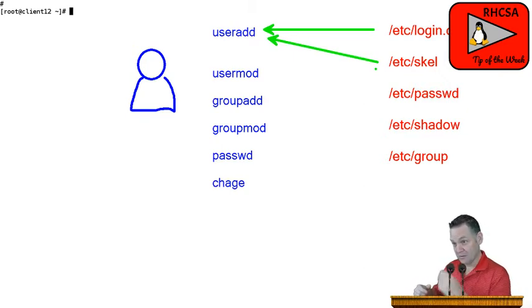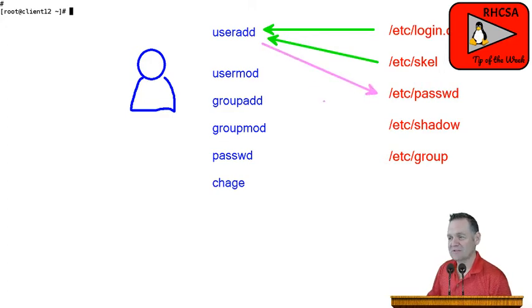It's going to read the settings from /etc/login.defs, and it's going to actually copy the contents of the /etc/skel directory into the user's home directory, or default directory, whatever we want to call it. Now, what is it going to write to? Well, when we run the useradd command, it's actually going to write out to the /etc/passwd file.